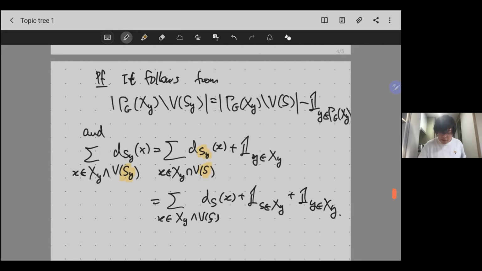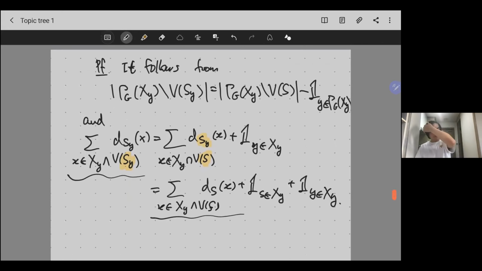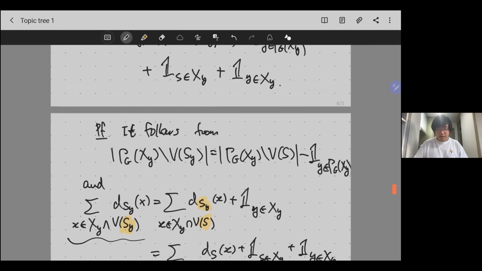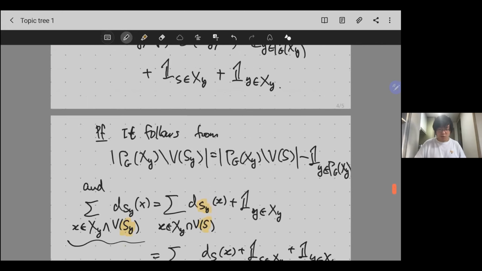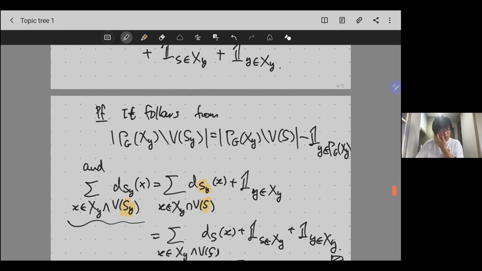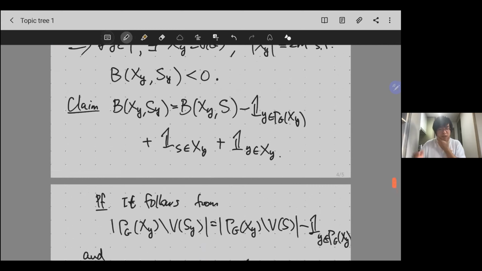Then we have the difference of the second term in the balance. Basically, you combine these two and you get this claim. I will not verify it; if you just write it down, it's easy to check. This claim holds basically by definition.